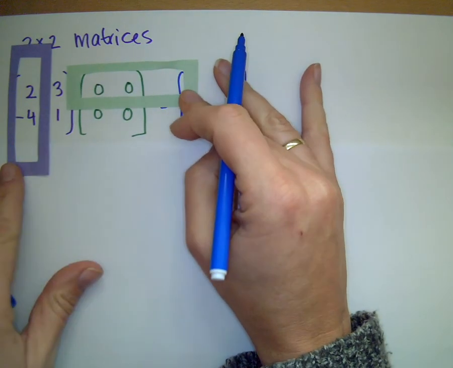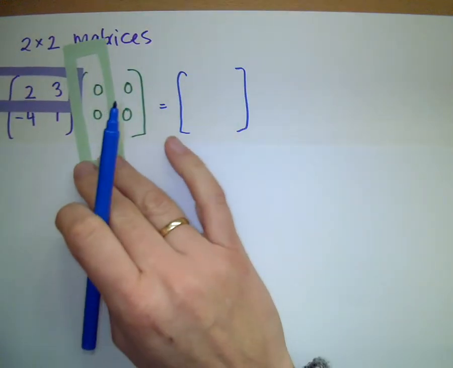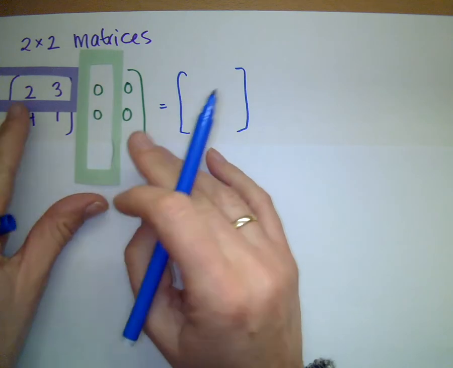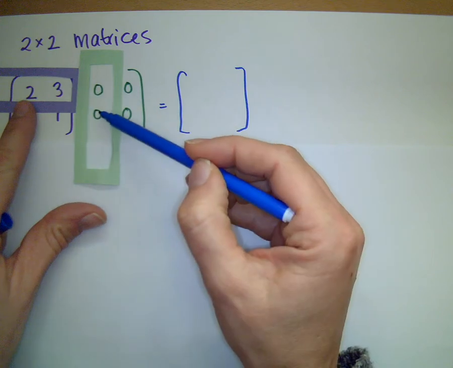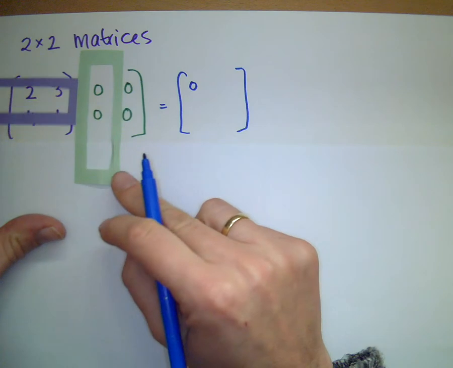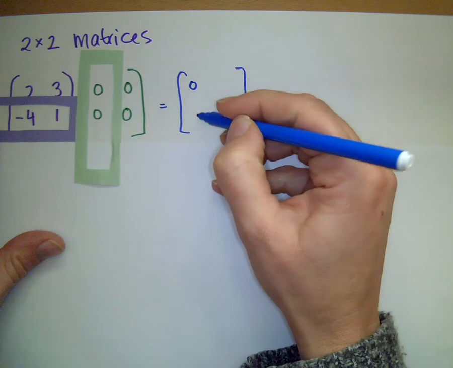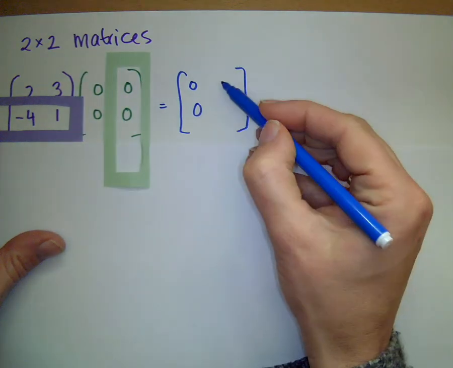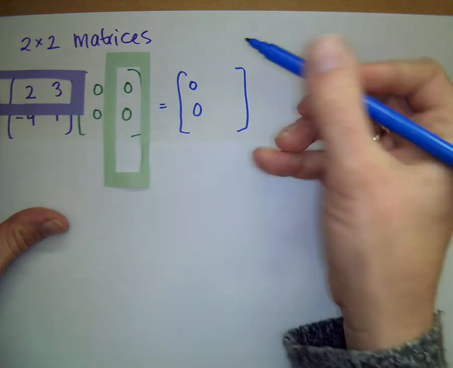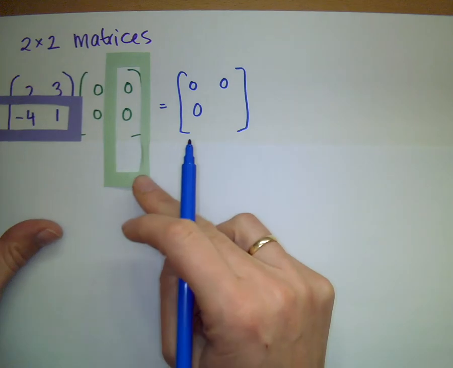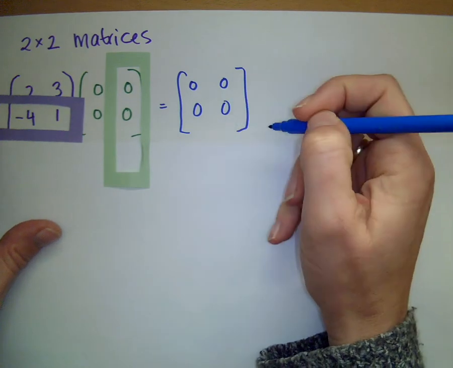First row, first column. 2 times 0 is 0, 3 times 0 is 0, 0 plus 0 is 0. Second row, first column. Is 0, this times that is 0, added together is 0. Moving to the second column, first row. 2 times 0 is nothing, 3 times 0 is nothing, nothing and nothing is nothing. And as you probably are expecting, this will also come out to be 0.